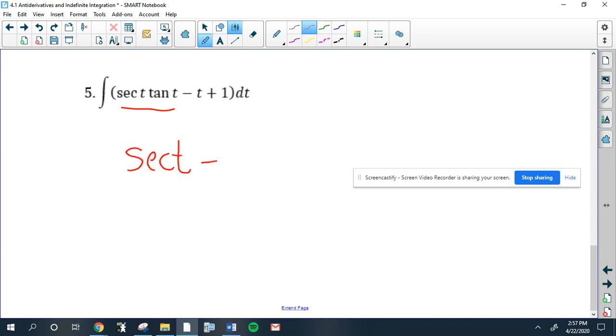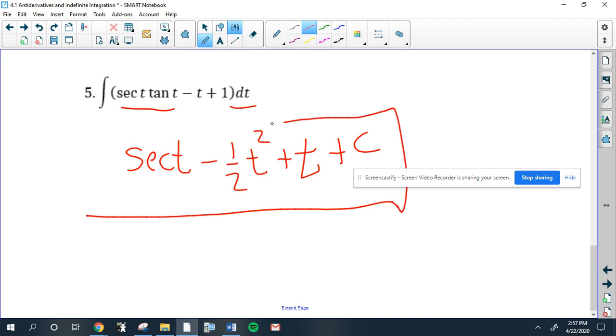The integral of t, you just use the power rule. You add 1 to the exponent, t squared, times 1/2. And the integral of 1, usually it's x, but since we're doing it with respect to t, it's t. Add your plus c. That's it. You can check me on that one. If for some reason I did that wrong, let me know about it.